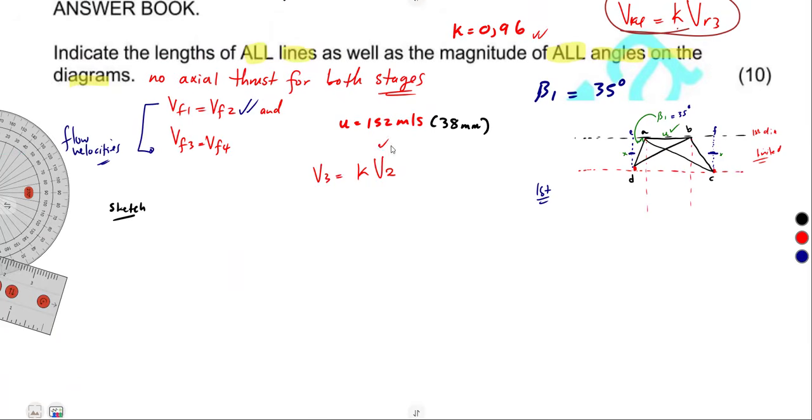So find what? V2. Find this V2 so that it's going to help us somehow to construct that diagram.